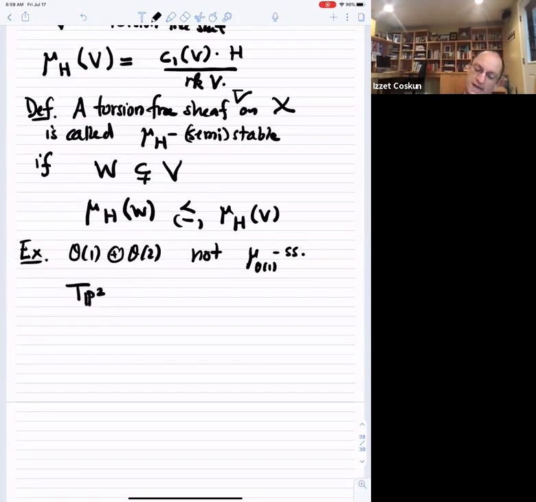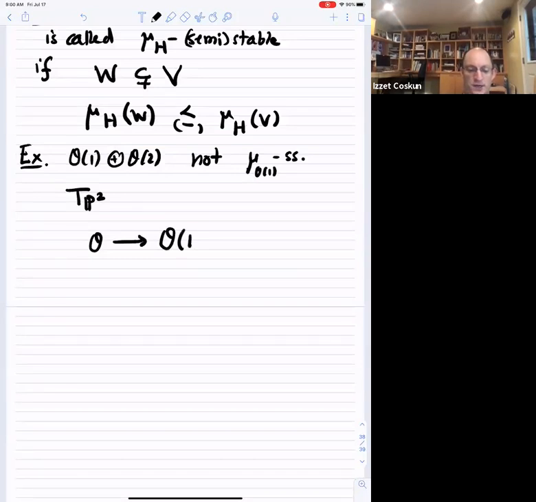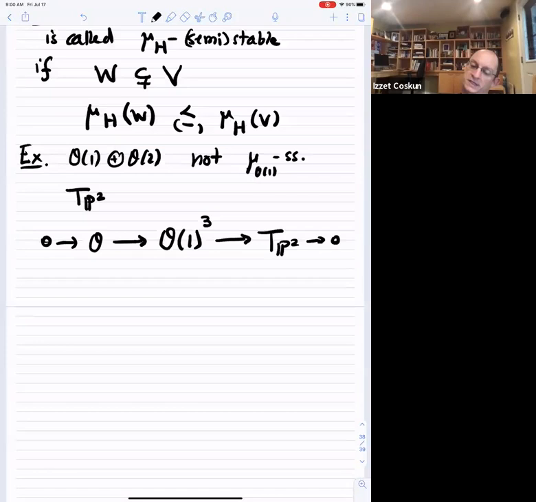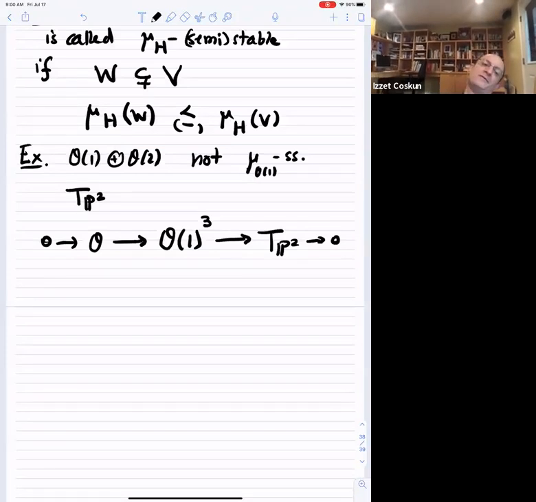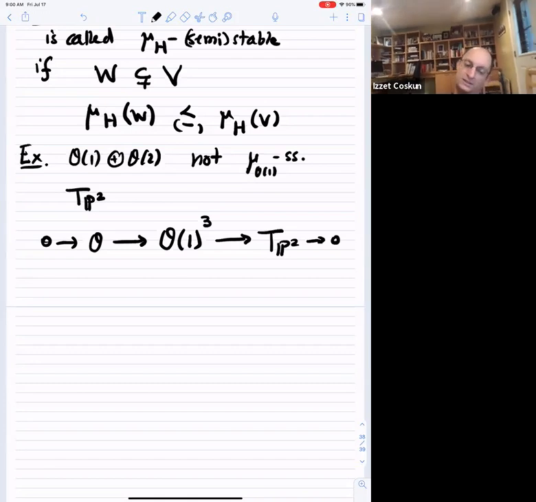So now why is that? Let's prove that. So remember what TP2 looks like. We have the Euler sequence, right? And now what does it mean for TP2 to be semi-stable? If I want to have a proper sub-bundle here, if it's not the whole thing, it will be a rank 1 sheaf, right?